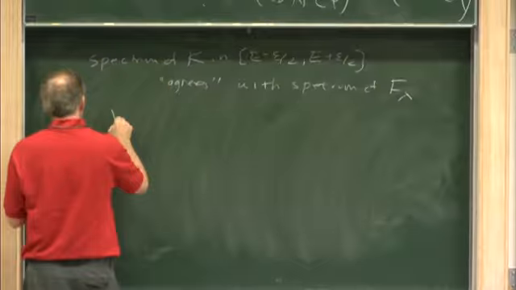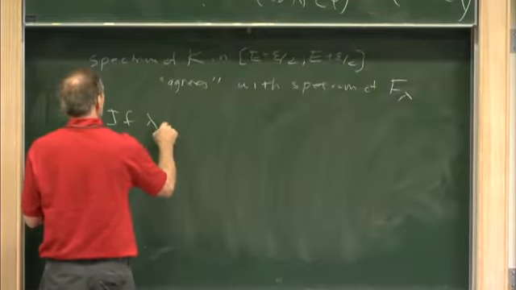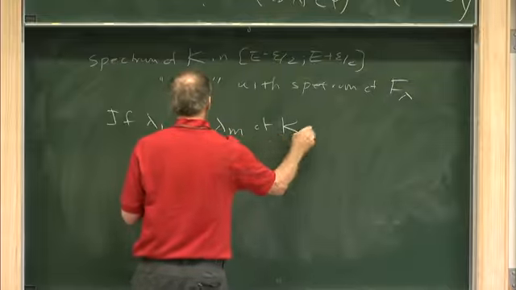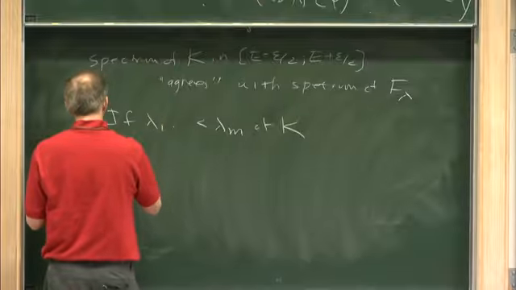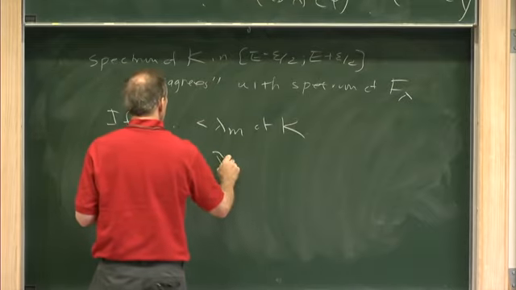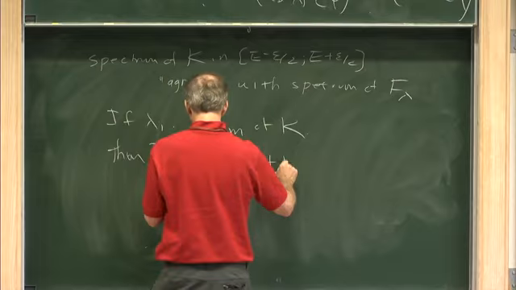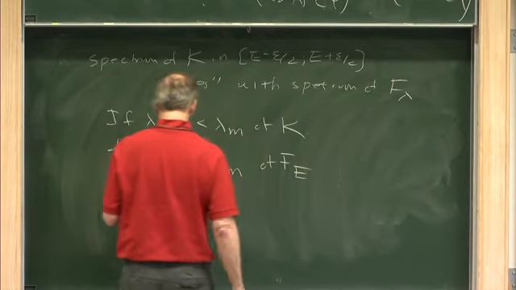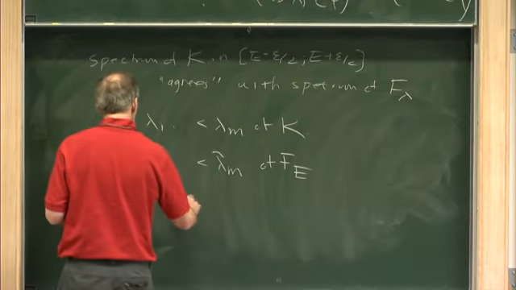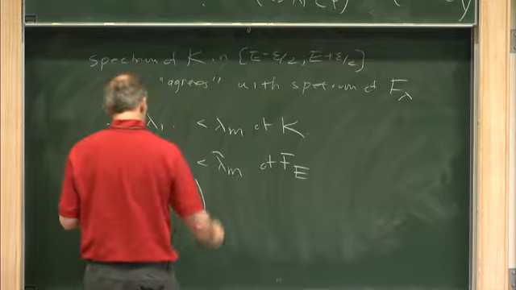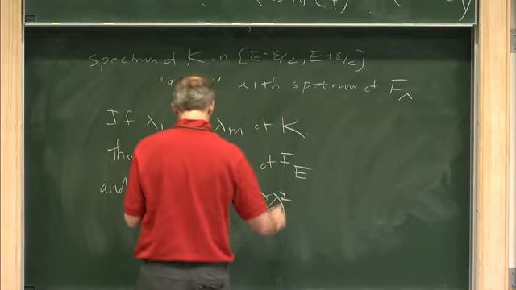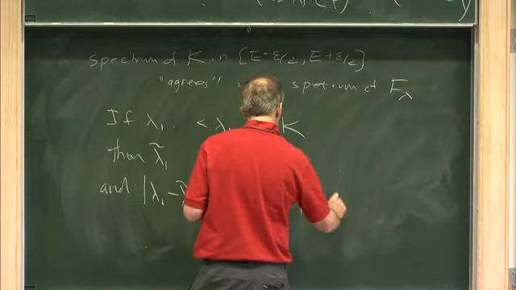What I mean by that, if you have a bunch of eigenvalues lambda I of K, then there's a bunch of tilde eigenvalues of F_E, and the difference between lambda I and lambda I tilde is less than or equal to 2 gamma over epsilon squared times lambda I minus E.